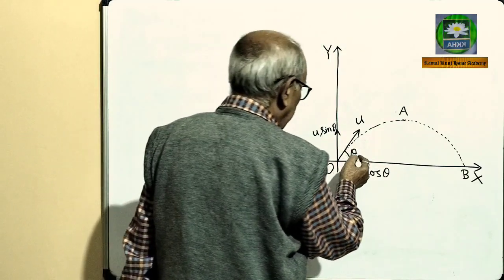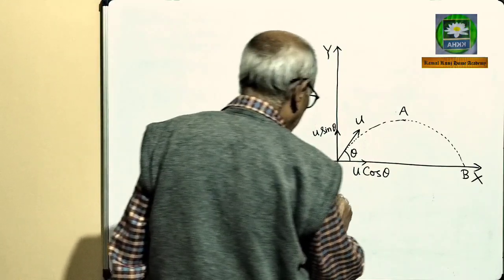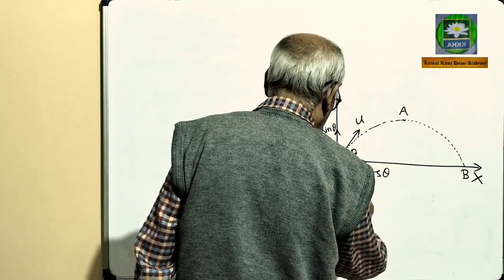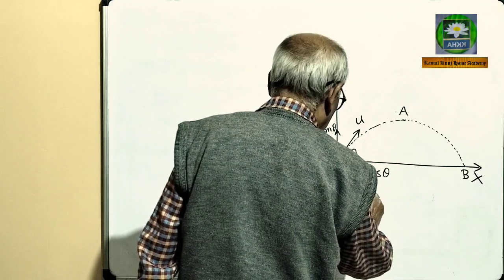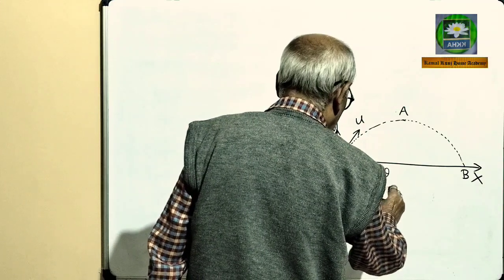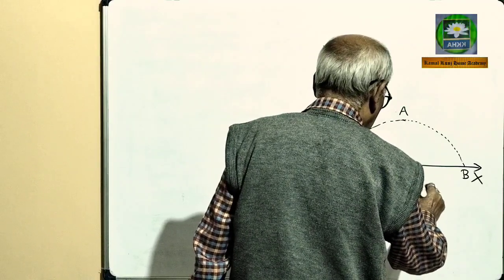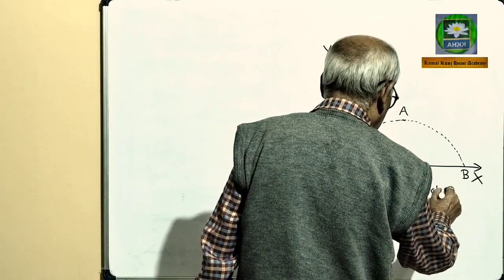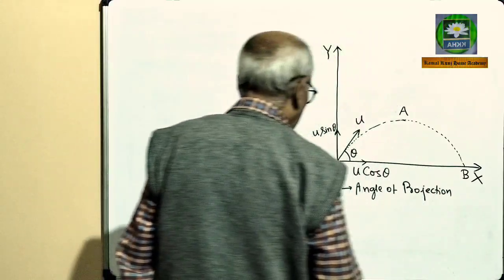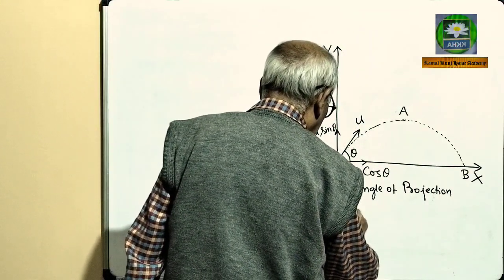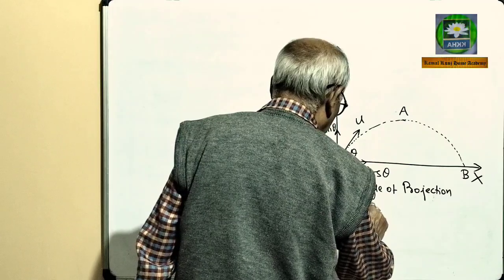Here theta is called angle of projection. u is the initial velocity.